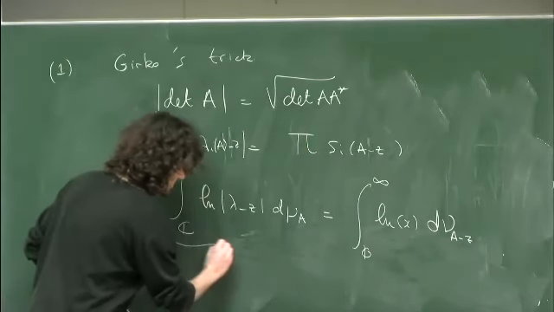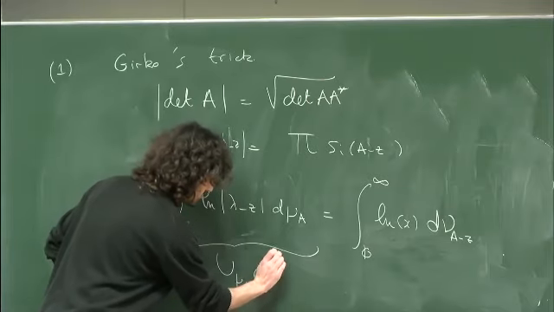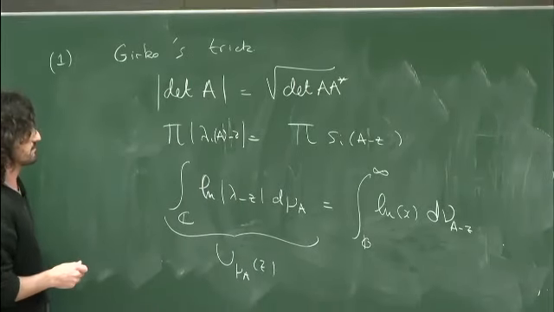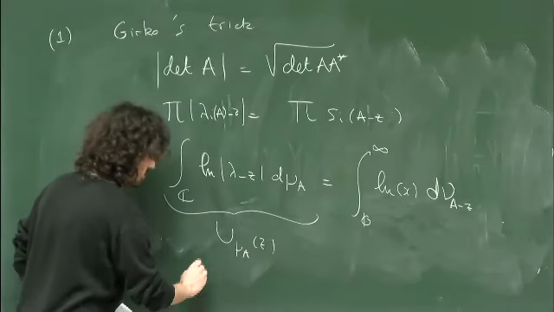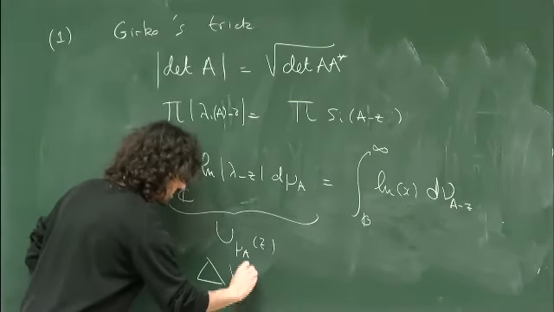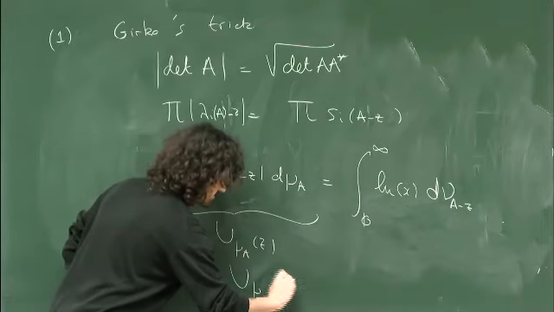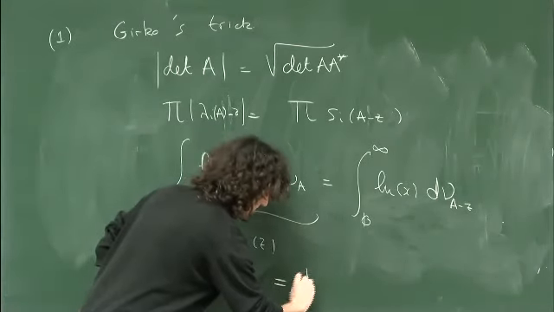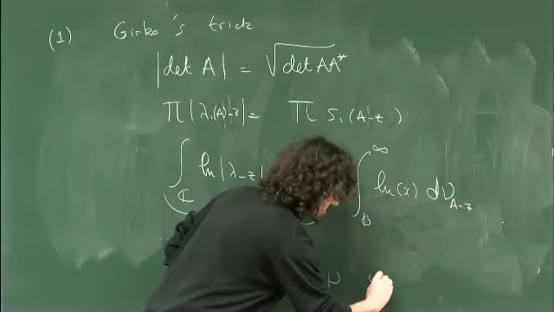Why? Because this is called the logarithmic potential of a measure at Z, and of course the logarithmic potential will characterize the measure, because if you take the Laplacian of the logarithmic potential, you will find 1 over 2 pi times the measure in the sense of distribution.